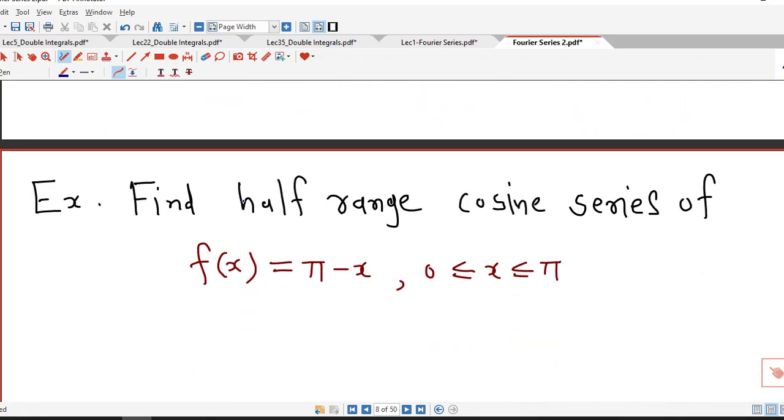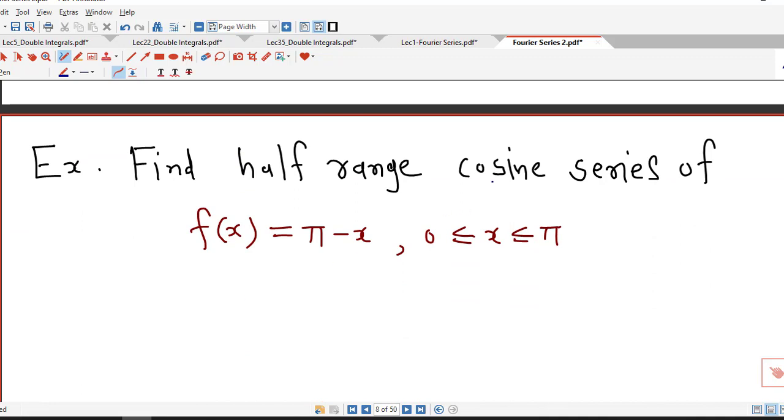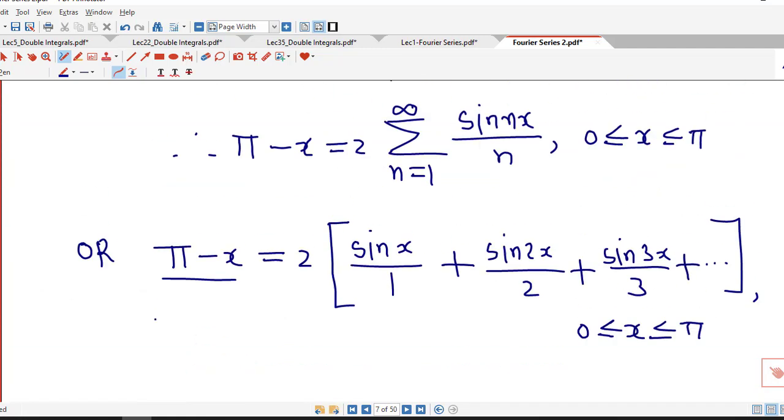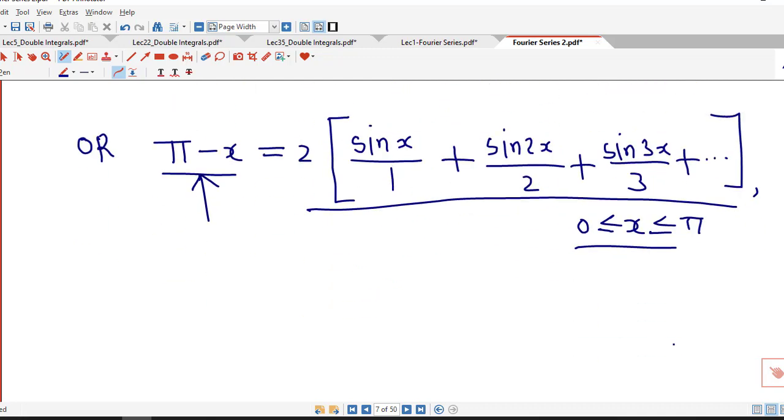Now the same function can be developed as a Fourier cosine series. In the previous problem we have written pi minus x as a Fourier sine series. In that case we extended the graph of pi minus x in such a way that the extended function becomes an odd periodic function, so that we are able to express pi minus x as a Fourier sine series.